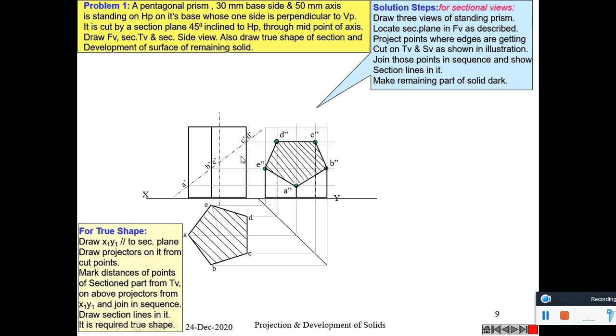If you want to get the true shape of the section plane, draw another axis x1, y1 parallel to the cutting plane. So x1, y1 is parallel to this cutting plane. Now project these points towards this.